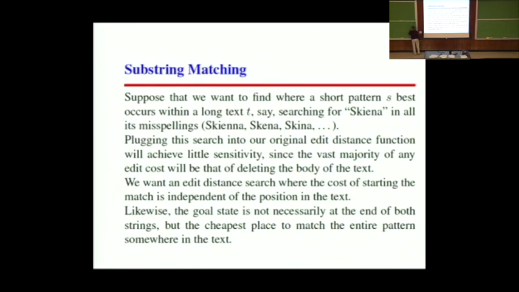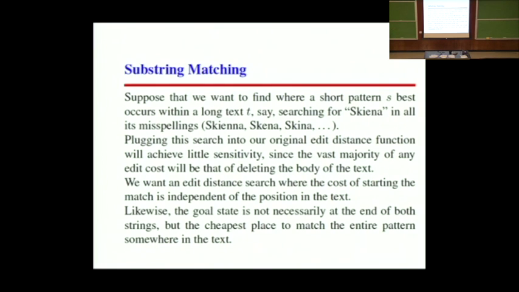I don't know if that's true or not, but let's say that it is. What would be the cost of editing Skiena to the Bible? It depends. What would the cost be if we had the edit distance as we defined it before? What would happen, yeah?